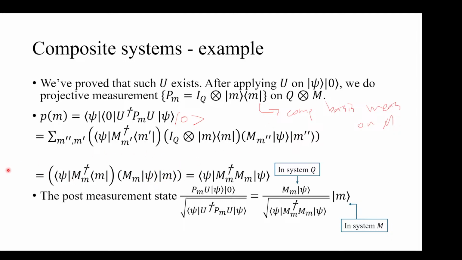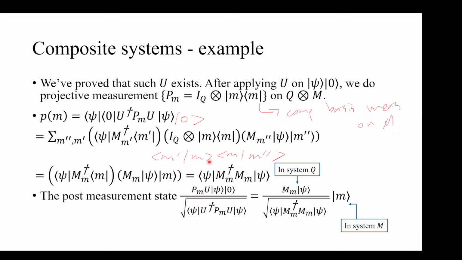And the second register, we have m prime, inner product with m, and m, inner product with m double prime. Once again, we use that the m basis is an orthonormal basis, so those inner products are equal to 1 only when m equals m double prime and m equals m prime, and equal to 0 otherwise.